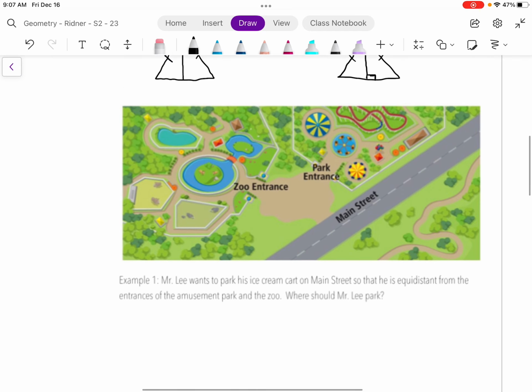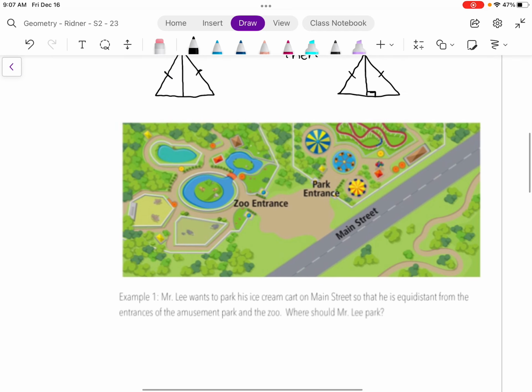So if Mr. Lee wants to park his ice cream cart on Main Street so that he is equidistant from the entrances of the amusement park and the zoo, where should Mr. Lee park? There's the park entrance. There's the zoo entrance. If this is right in the middle of those, that's going to help us form our triangle.